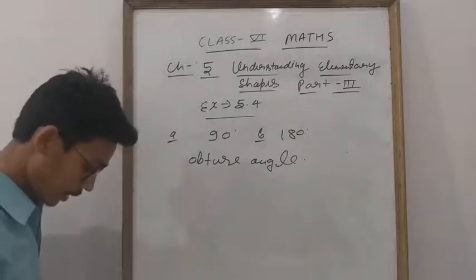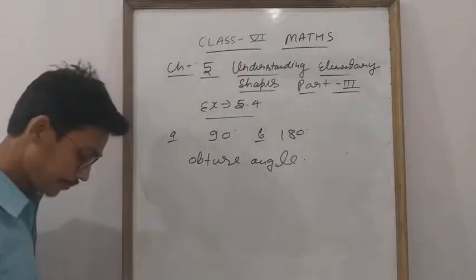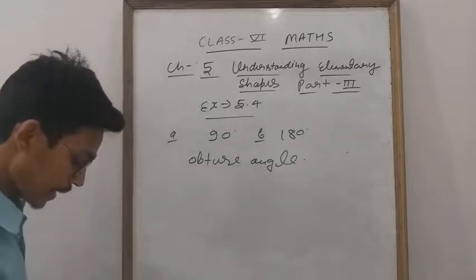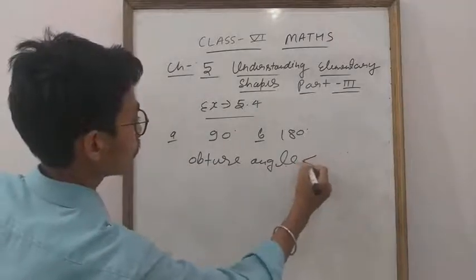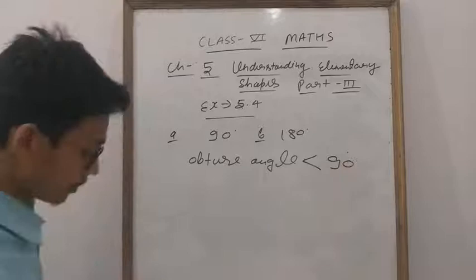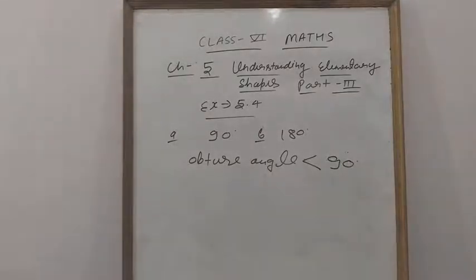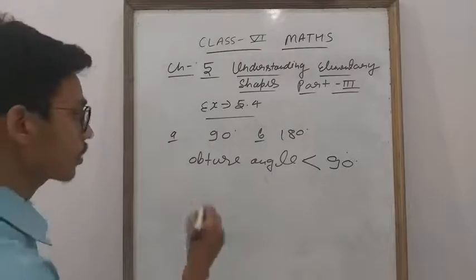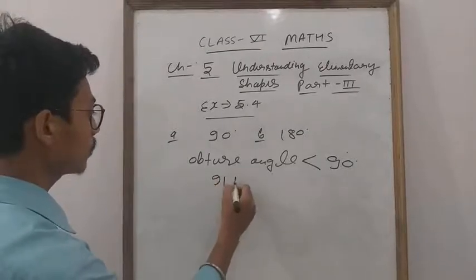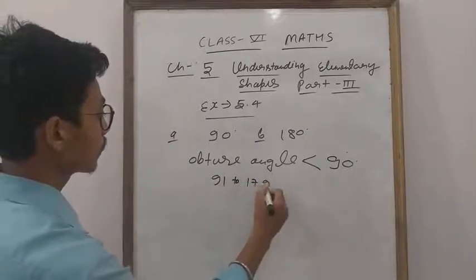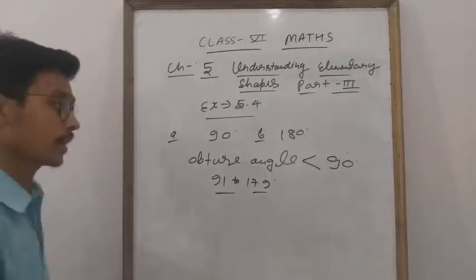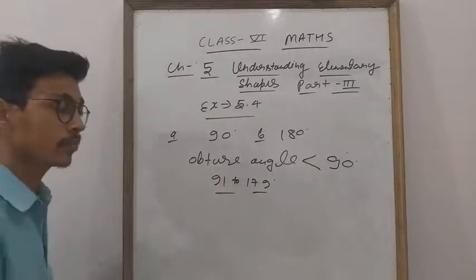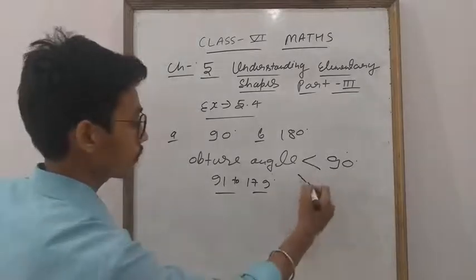So it is given that the measure of an obtuse angle is less than 90 degree. Now tell me, is this correct or incorrect? This statement is absolutely false, because you know that an obtuse angle lies between 91 to 179 degree. Clear? So an obtuse angle is always greater than 90 degree, but it is given less than 90 degree. So this is false. Okay?